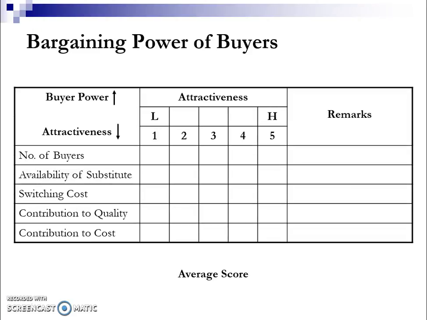The next aspect is the bargaining power of buyers. Again, the relationship between buyer power and attractiveness is inverse. So the higher the buyer power, the lesser the attractiveness of the industry.